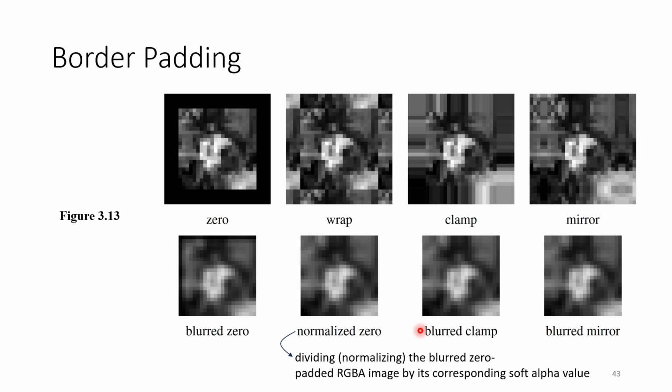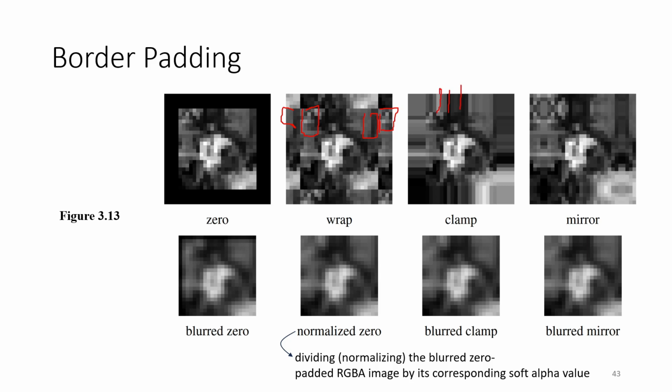Alright, so the wrap padding means just copy the region. From here you can see this region is copied to here, and this region is copied to here. So it just copy-pastes the image to its surrounding pixels. Clamp means extend the pixels, so you can see they are extended pixels.